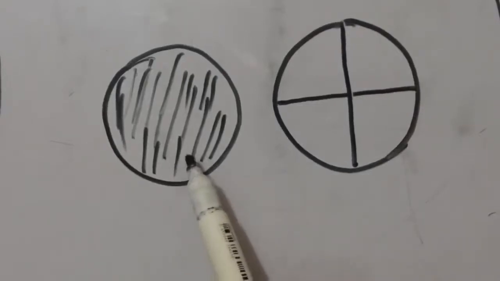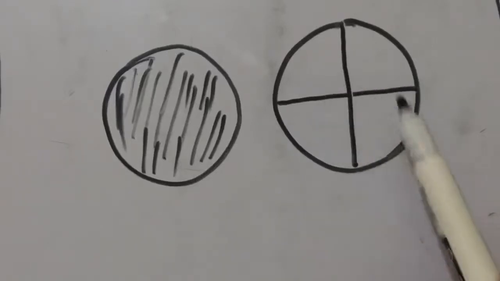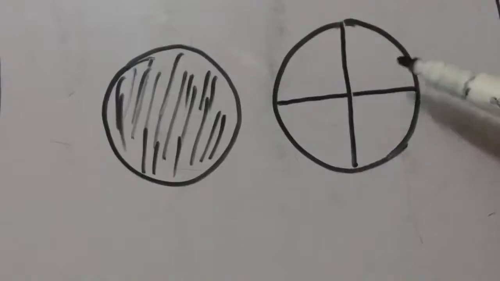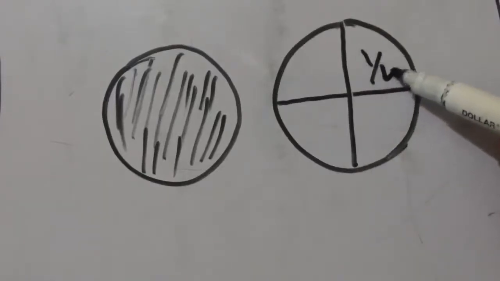So this is the one whole circle and we divided the second circle into 4 equal parts. 1, 2, 3, 4. Okay, now each part is called 1 by 4. 1 by 4 means 1 quarter, and you can say it is one part out of 4 equal parts.